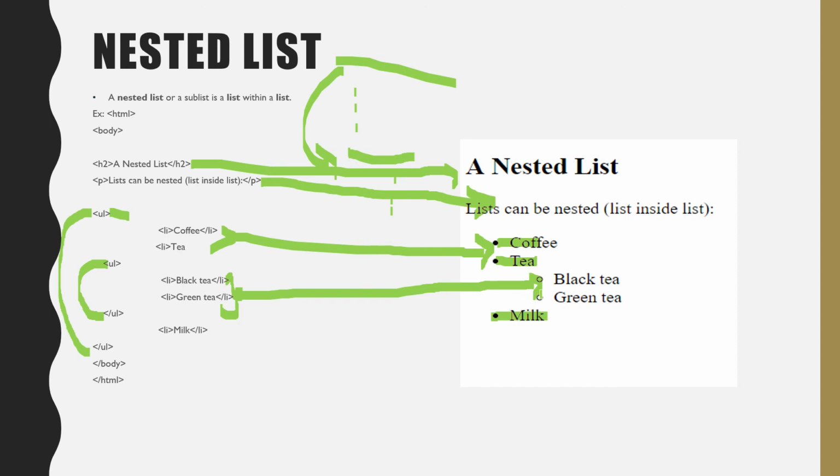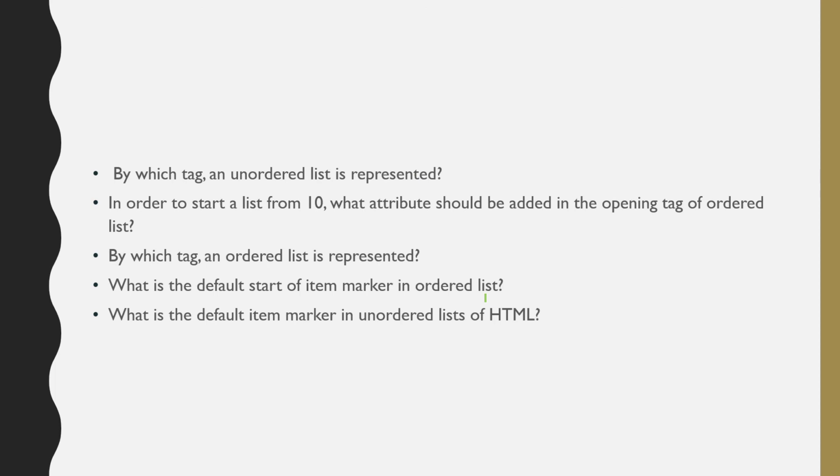Within the tea we have again two categories, black tea and green tea, and then after that we have milk. Milk doesn't have any category, nor did coffee, that is why they are simply written. So lastly milk, and then the upper UL is closed over here, then body, and then HTML. So this is all about the nested list.